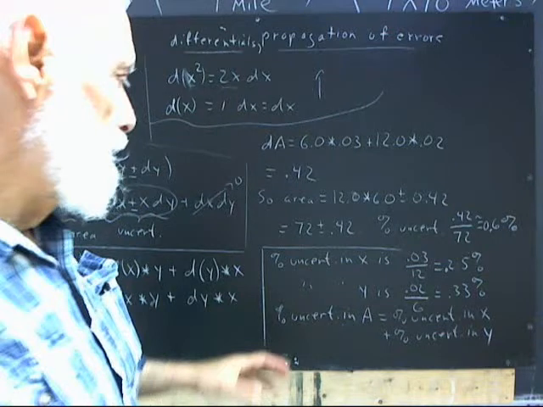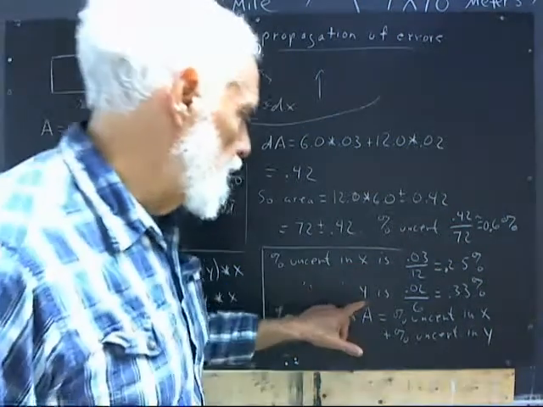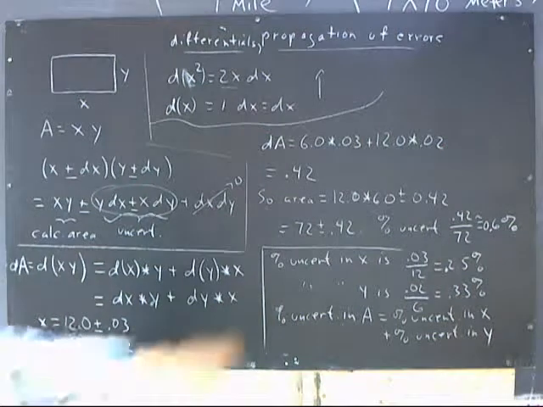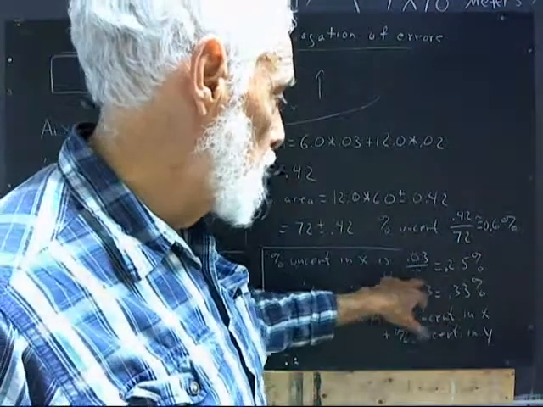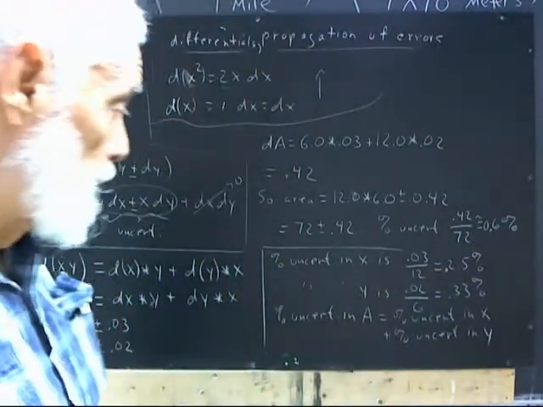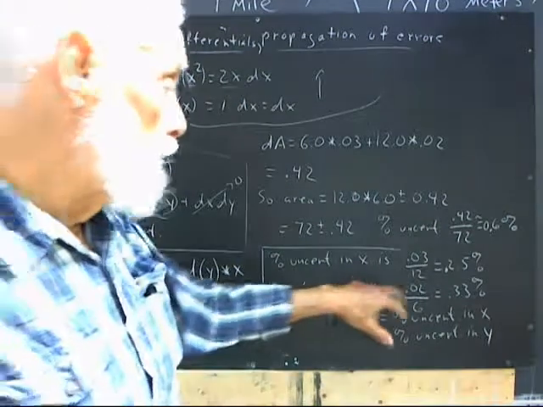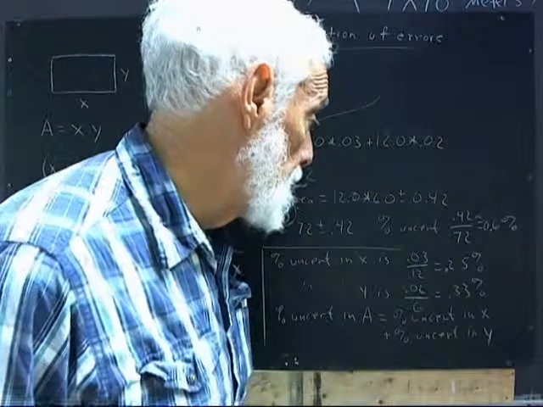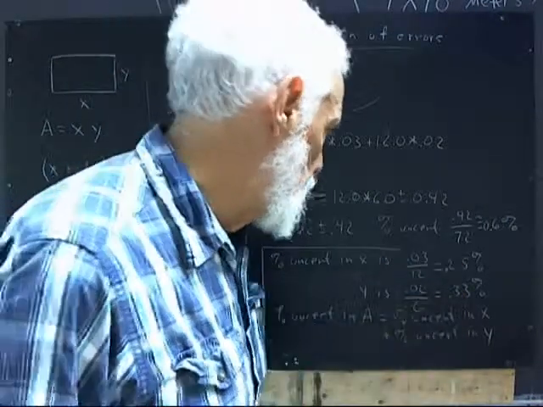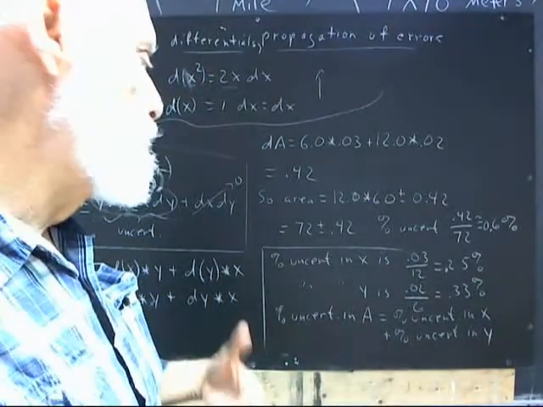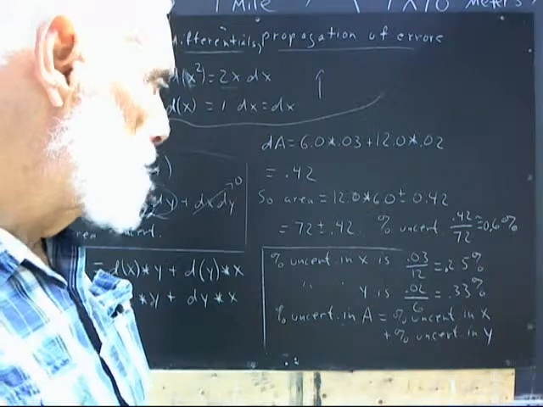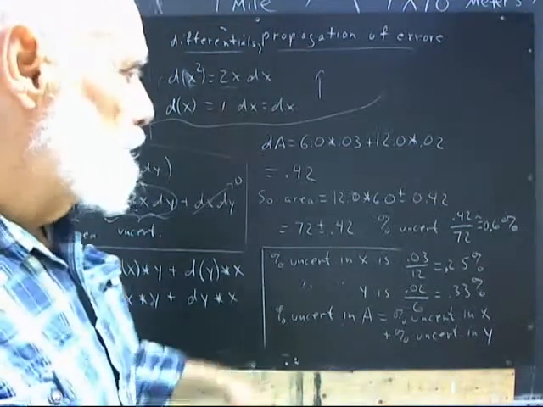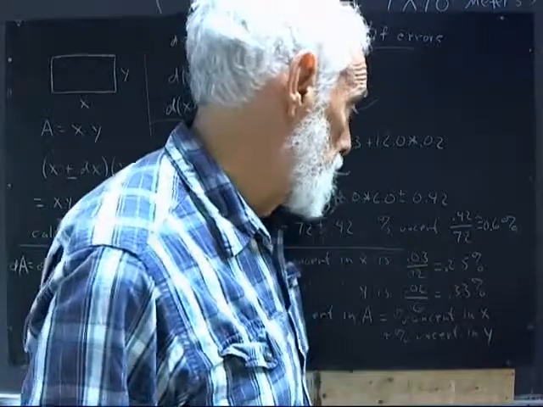So our percent uncertainty is about 0.6%. Let's compare that with the uncertainty in x and the uncertainty in y. The uncertainty in x is 0.03 over 12, which is 0.25%. Uncertainty in y is 0.02 over 6, which is 0.33%. When we add 0.25% and 0.33%, we get 0.58%, which is pretty much the same as 0.6%.